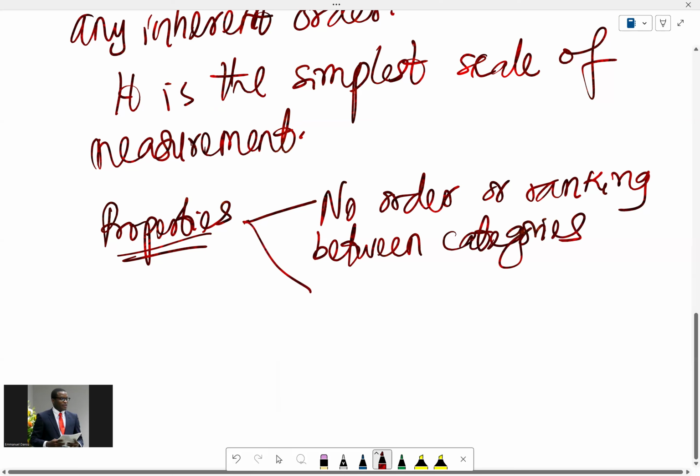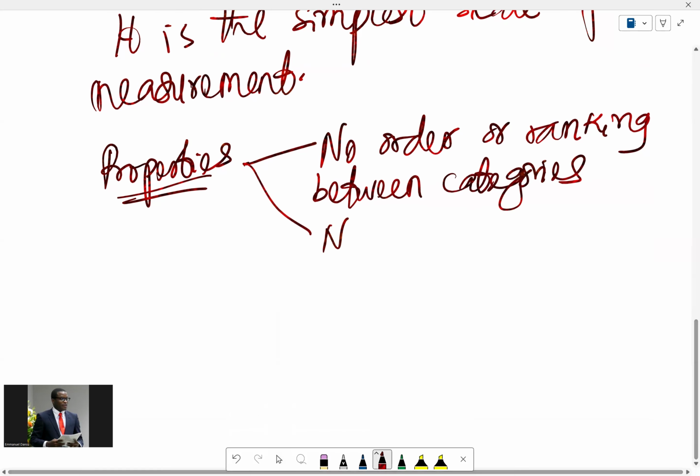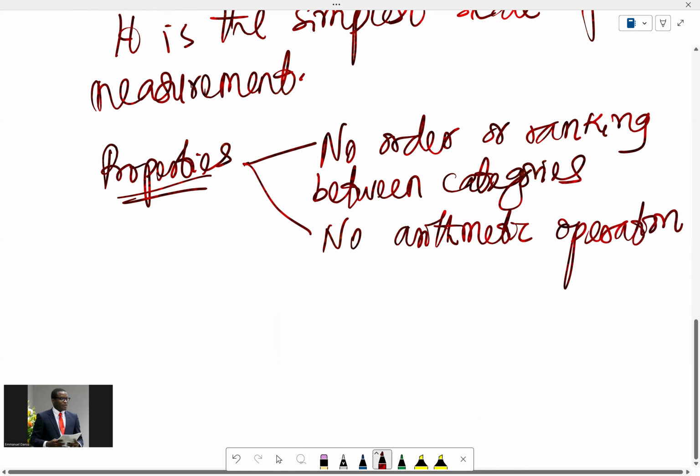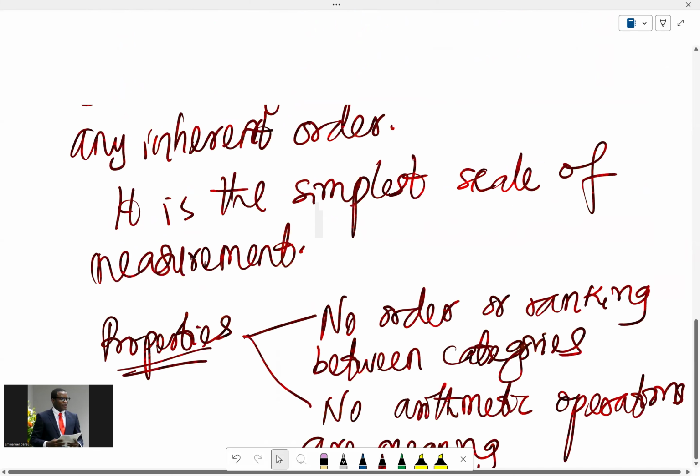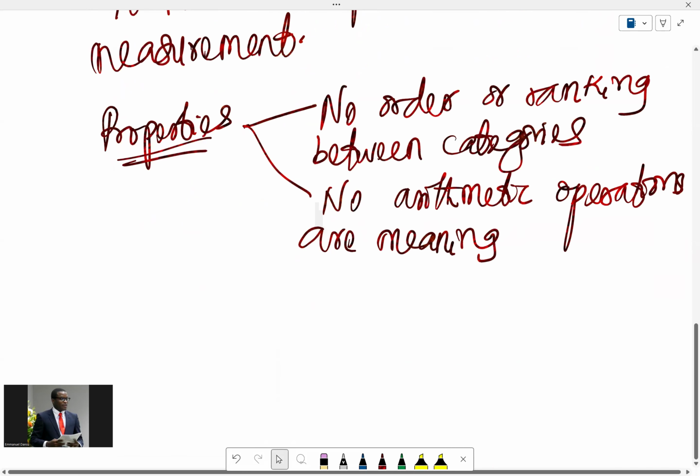No, they are just there. The next thing is that no arithmetic operations are meaningful. So you cannot find the average of two categorical data, something like that.